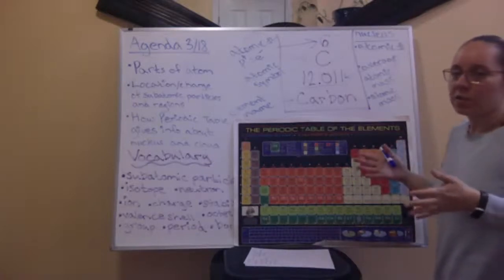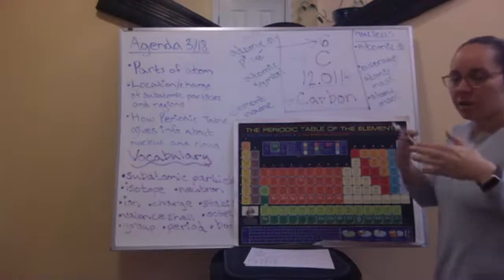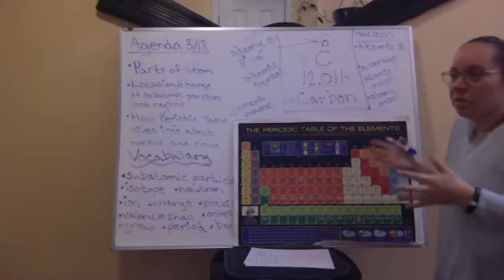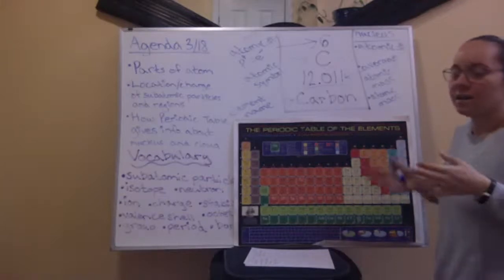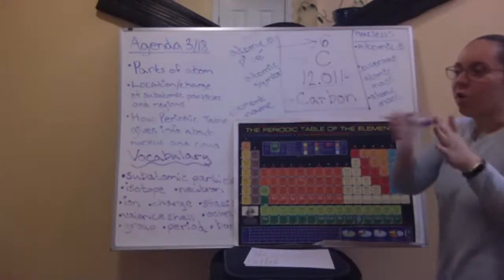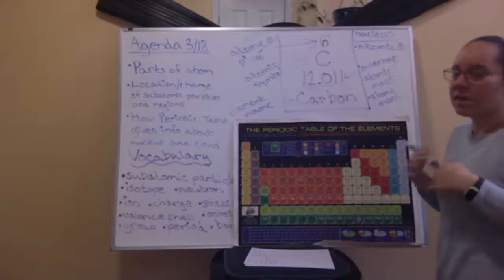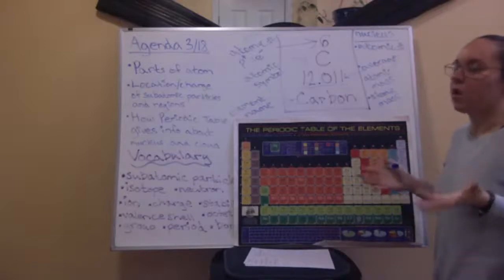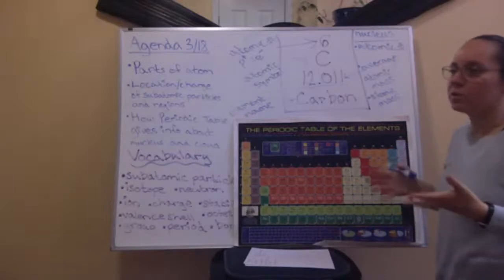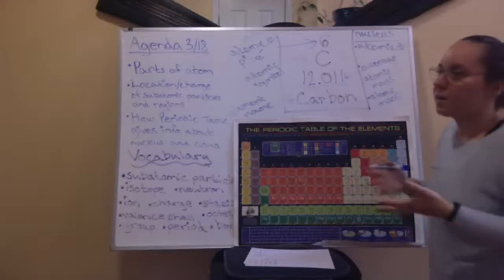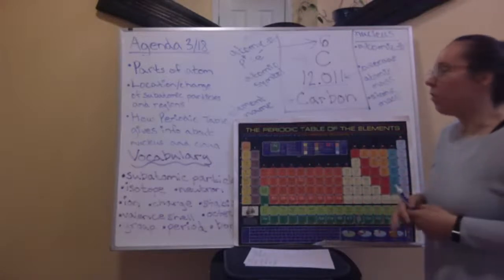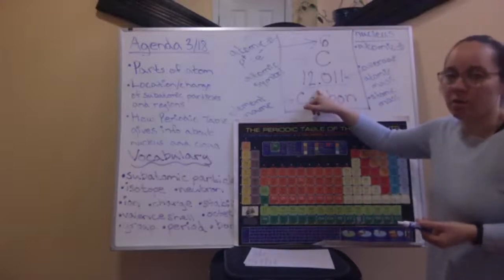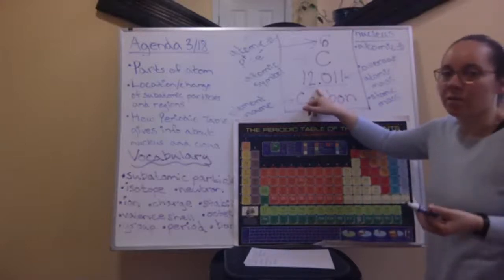Your weight's gonna fluctuate, okay? It's still you, but your weight fluctuates because maybe you have more water one day, maybe you have less water one day, maybe you just ate a lot. Like, your weight will fluctuate. Now take all those masses, add them together, and divide it by all of them. This isn't the correct formula, but just kind of work with me. And then divide it by however many you have. You're gonna end up with a decimal, okay? You're not gonna end up with a whole number. That's why this is not a whole number. This is the average atomic mass.